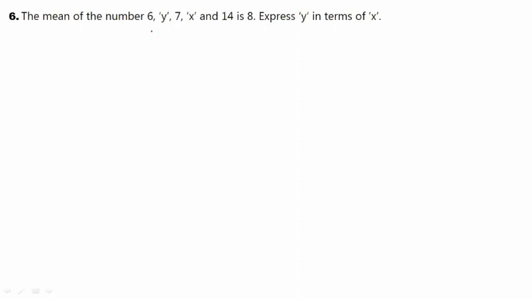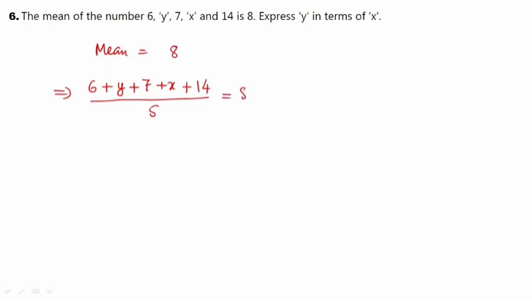Let's have one more question. The question is also a similar kind of question. In this case your mean is given to be 8. All of you know mean is nothing but first add all the terms. So 6 plus y plus 7 plus x plus 14. These are the observations and we divide the sum of the observations by the number of observations, which is again 5.